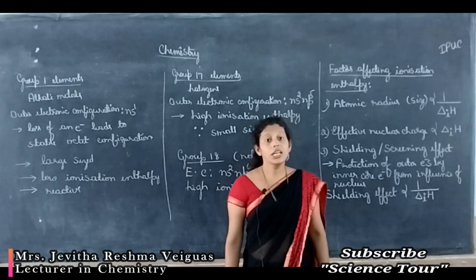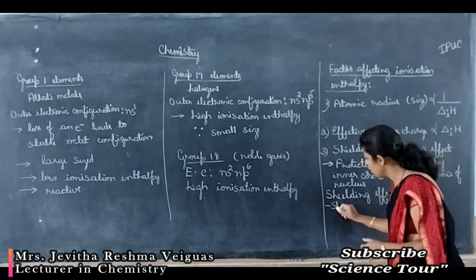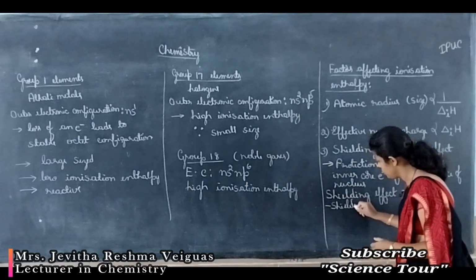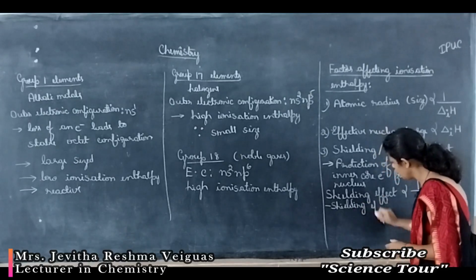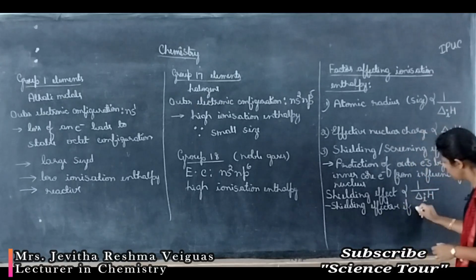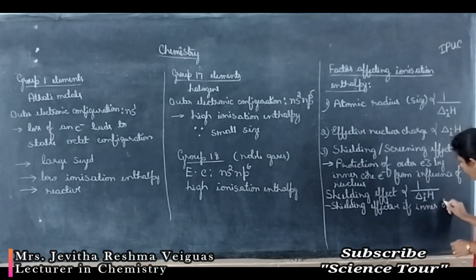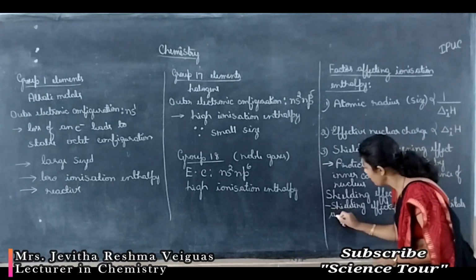Generally, shielding effect is effective if inner orbitals are completely filled by electrons.